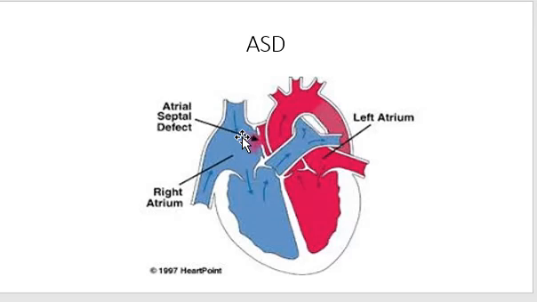So the volume is really well tolerated in this right atrium and the right ventricle, and it's delivered without much problem until you get the overstretching.